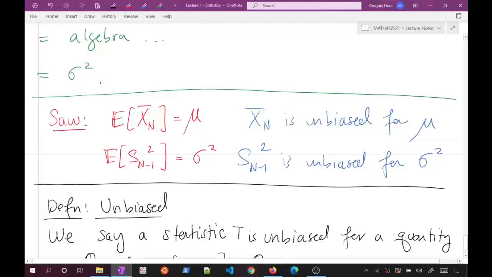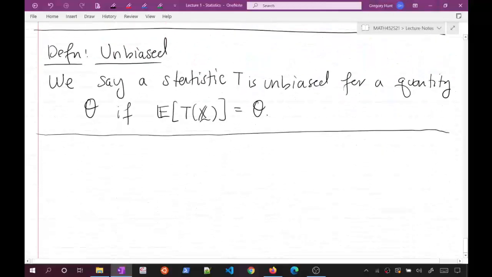The deeper question, of course, is why n-1? Why does n-1 give us an unbiased estimator? That's a much deeper question that involves some linear algebra, and we might hit on it a little bit next time.